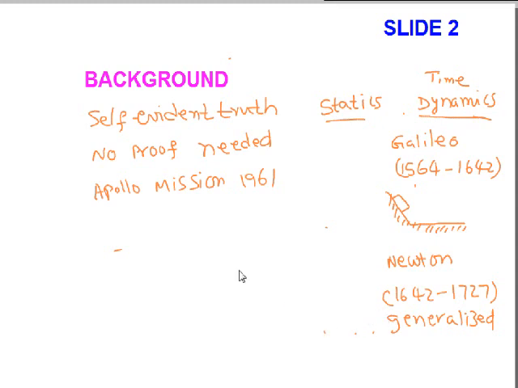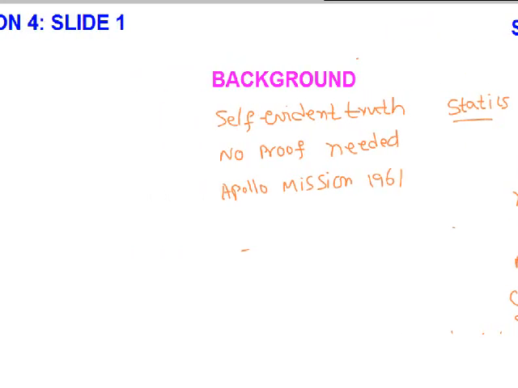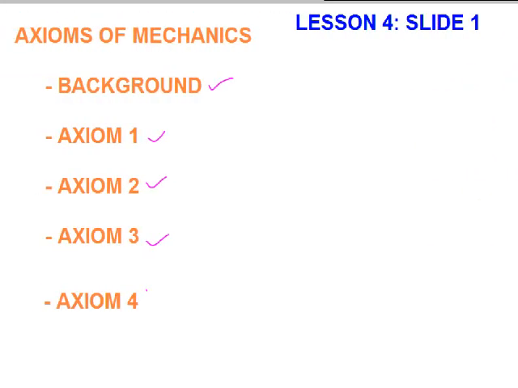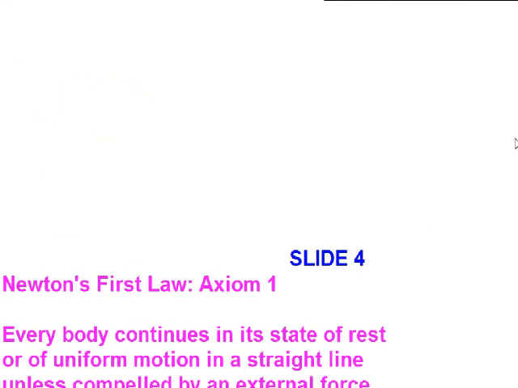So profound was the effect of these 3 laws, and also so profound were the other discoveries of Newton, such as Newton's law of gravitation and calculus, which is a mathematical tool that touched every branch of science. We begin our axioms with the 3 laws of Newton. Let us see what the 3 laws are one by one.